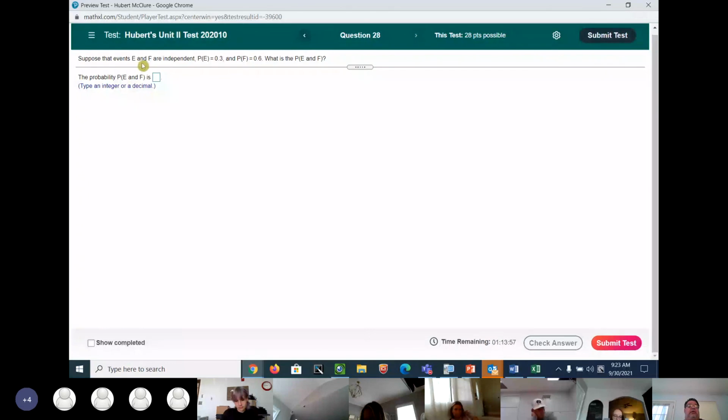Suppose that events E and F and, remember and, are independent. Wait a minute, independent means what? That means without replacement. So this is multiplicative. And P of E is 0.3 and P of F is 0.6. What are you going to do?